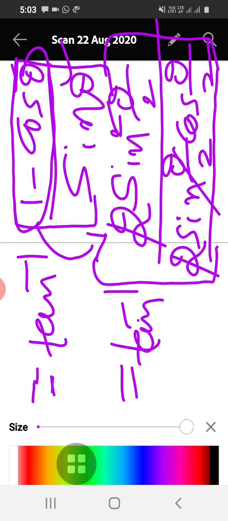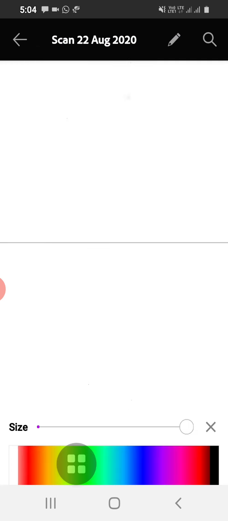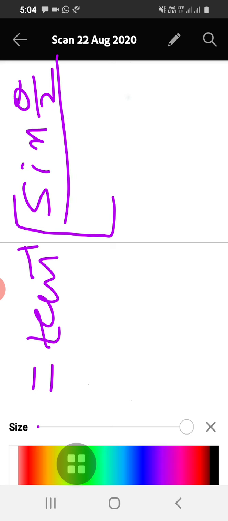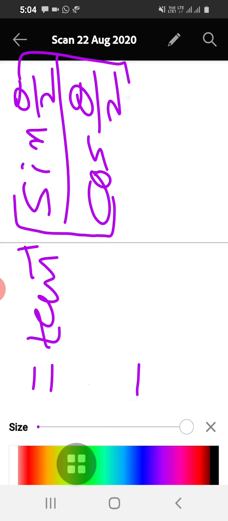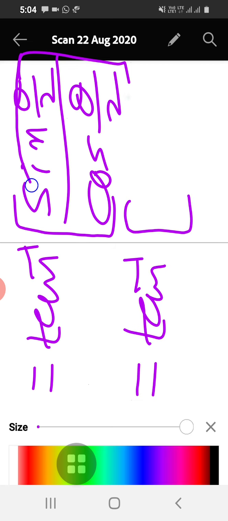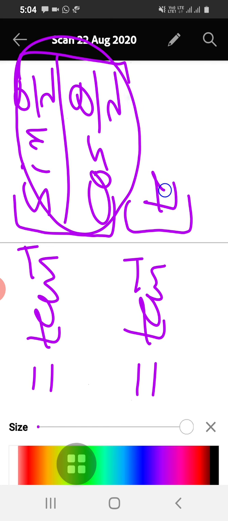So in the numerator I will be getting tan inverse of, see, in the numerator I get sin theta by 2 and in the denominator I will get cos theta by 2. So tan inverse of, see, the ratio is sin by cos. Sin by cos means what?